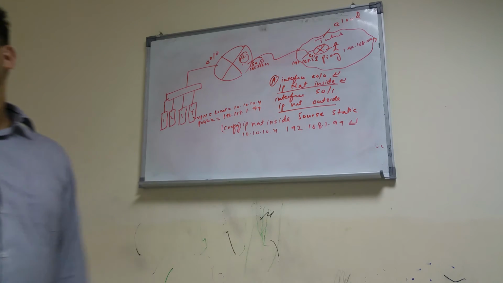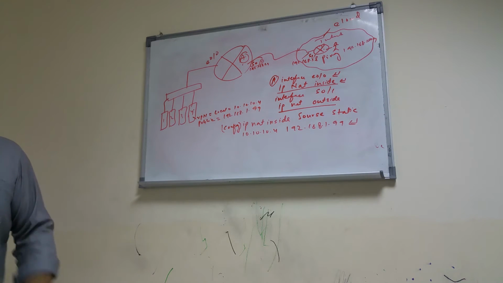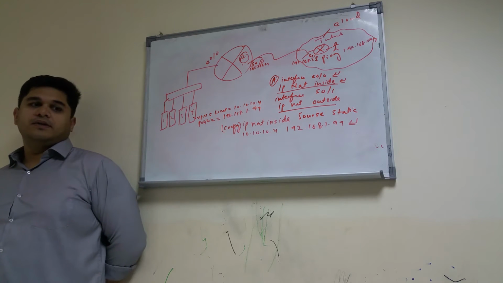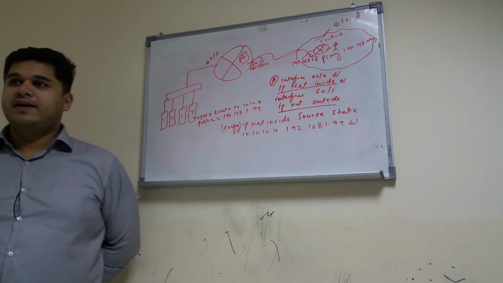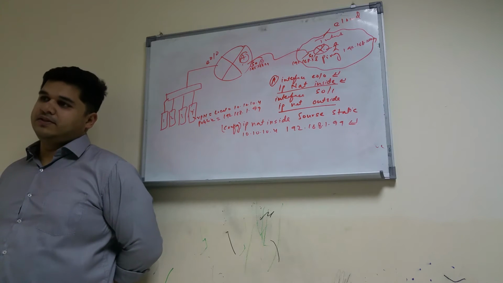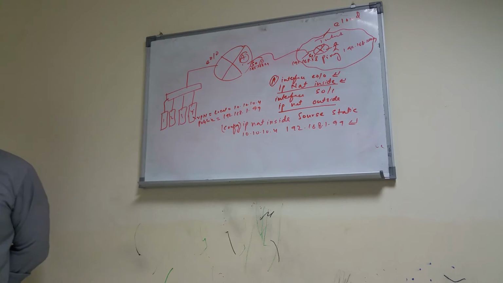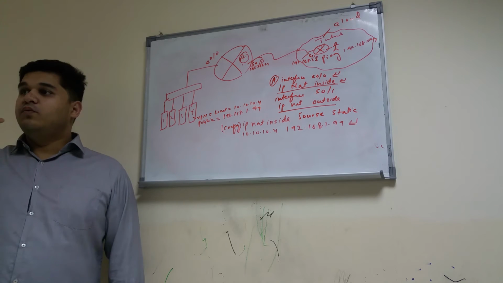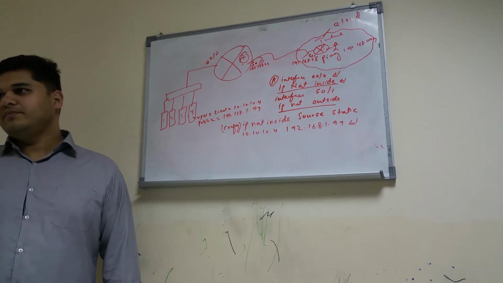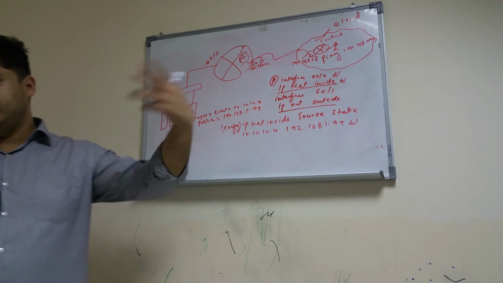What does source static do? This is NAT, you are using NAT. Static means you are dedicating one public IP to one system. After this we will come to the pool, which is different.